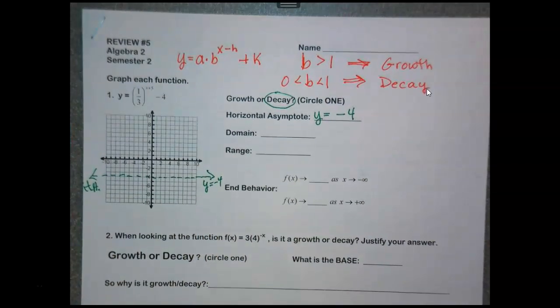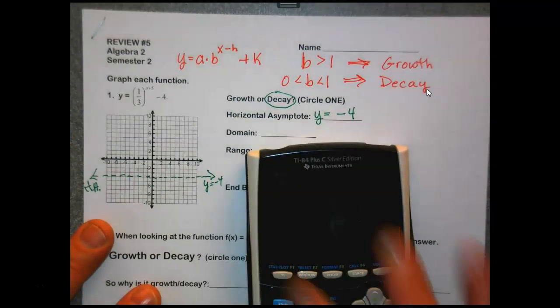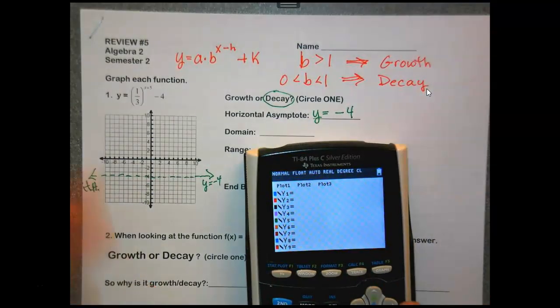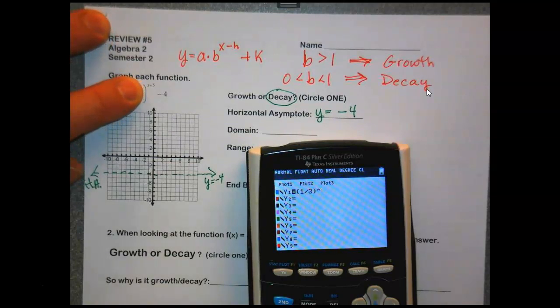And if you don't believe me, you can always just put it in your calculators. 1/3 raised to the, now please use parentheses, especially in your exponents, x plus 5.